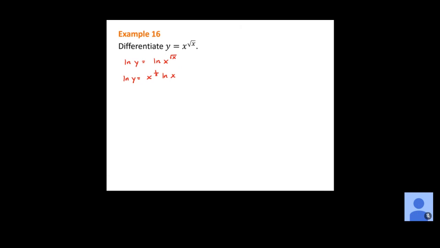Okay, so now on the right-hand side, if I'm looking for the derivative, what rule do we have over there now? It's just a product. We have x to the 1/2 times the natural log of x. We can solve that using product rule. So now we have a derivative that we can actually find.